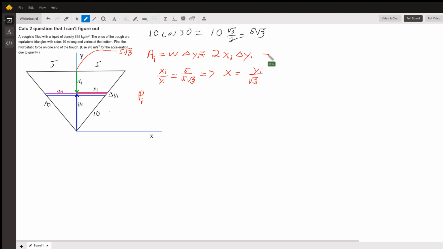And then our area is going to be 2, let me rewrite that 2, that 2 is pretty pathetic, 2 times y sub I times delta y sub I divided by root 3.